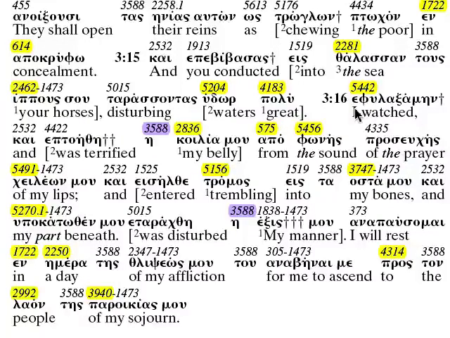Ephilaxamin, I watched with guarding, mainly a prophylactic, has to do with a guarding, something that's in front. I watched, and my kilia, my belly, was terrified. Kolio is a prefix for a stomach. I was terrified from the sound, the phonies, phone, of the prayer, the prosev keys of my lips.